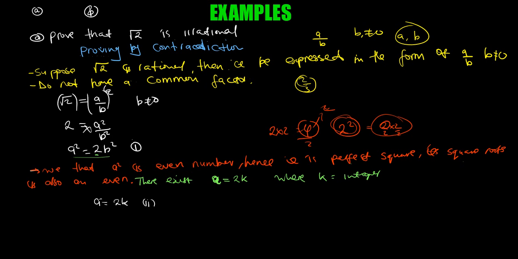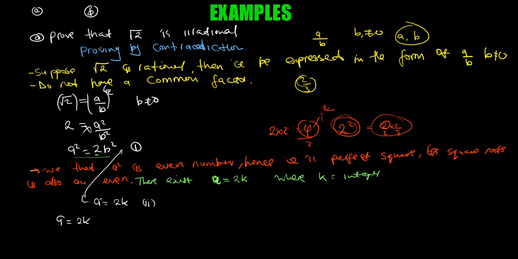So we can go now to equation 3 and say we are going to substitute equation 2 into equation 1 there. All right, how do we achieve this? We know that now our a is equal to 2k.